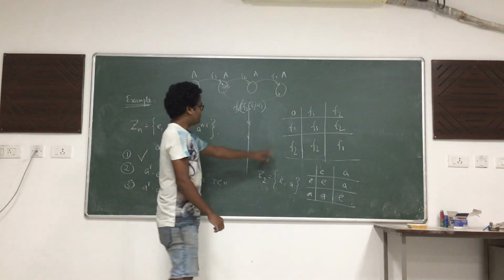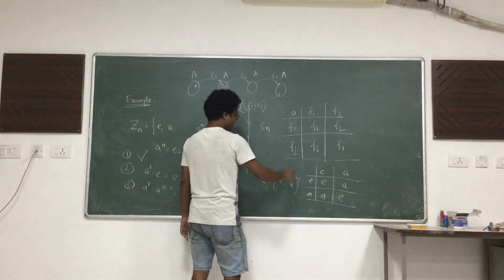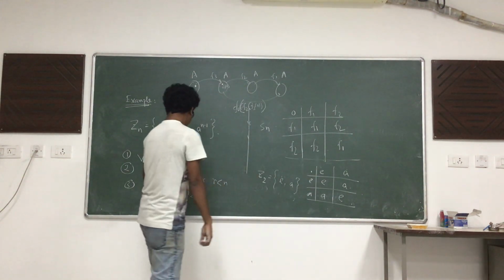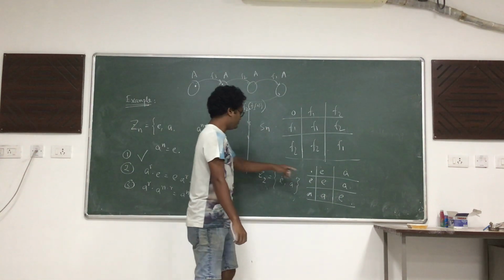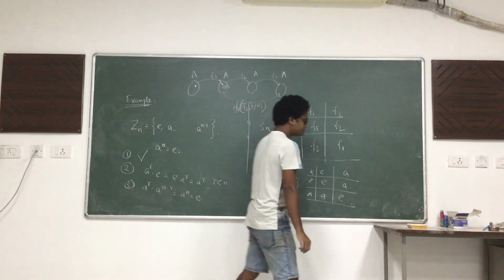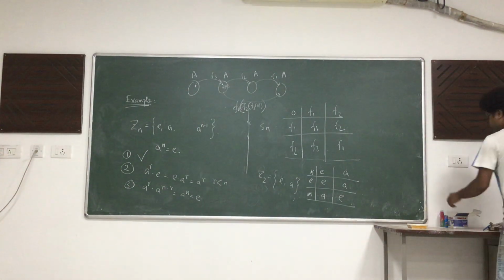Now let us look at these two tables. This is the table for S2 under this binary operation. Here the binary operation is, for example, let's say dot. We did not really specify the binary operation here; let us say it is some sort of multiplication. Now look at these two tables.